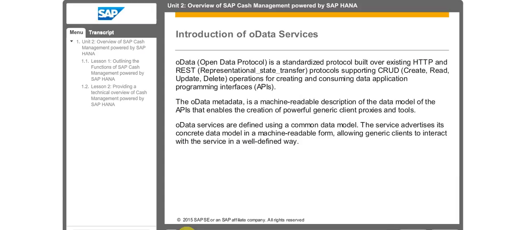This is the general definition of OData services. Basically, this is a kind of standardized protocol supporting different options like create, read, update, and delete for creating and consuming data application programming interfaces by the external application.